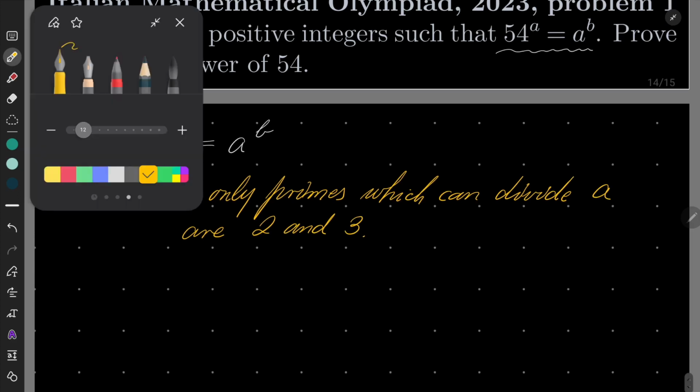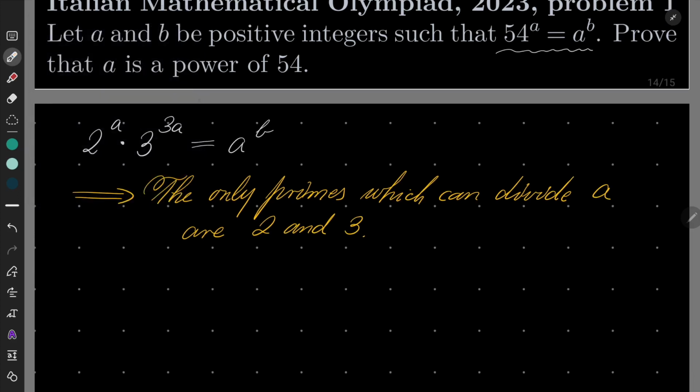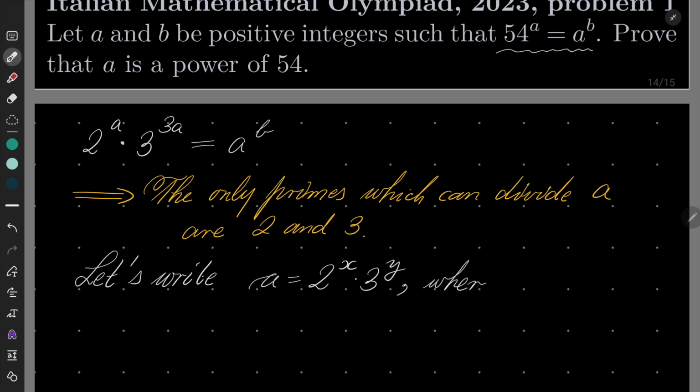So let's write that a equals 2 to some power x times 3 to some power y, where x and y are natural numbers.